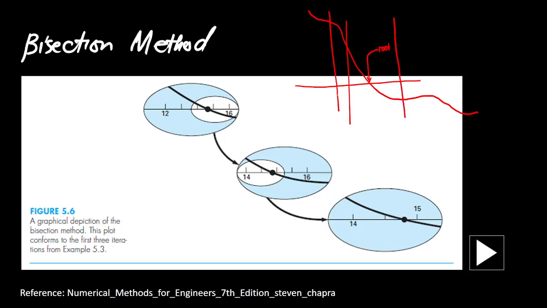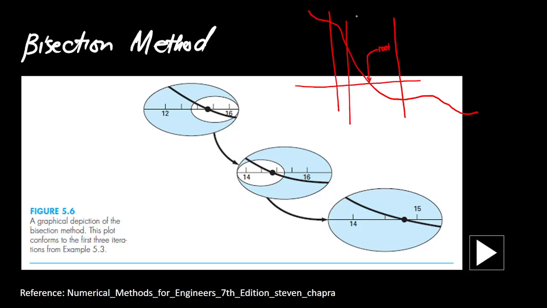Given the situation, you could see that inside the bracket there is your root here. So let's just say your bracket is safe, and by continuing the calculation, you could actually find your root. As we go on in the bisection method, we are trying to take the half of the bracket.